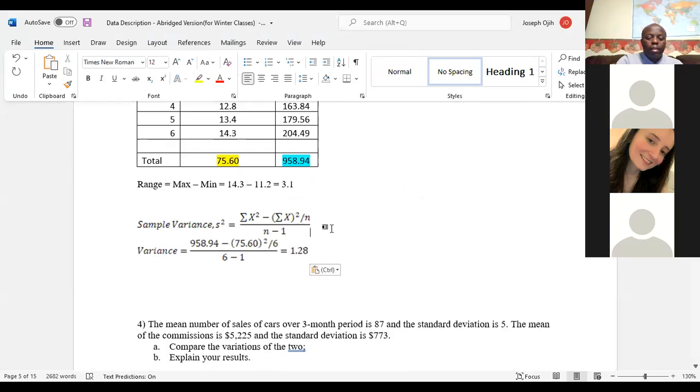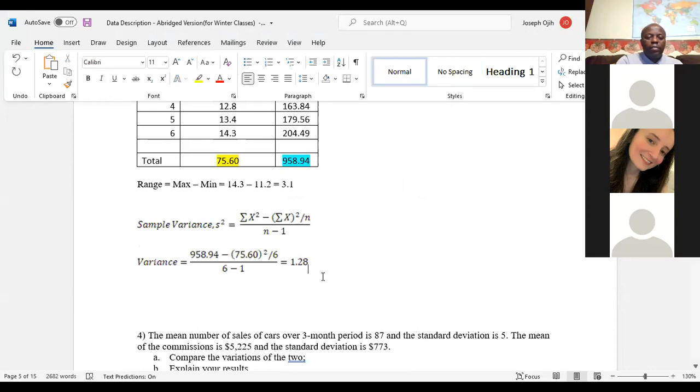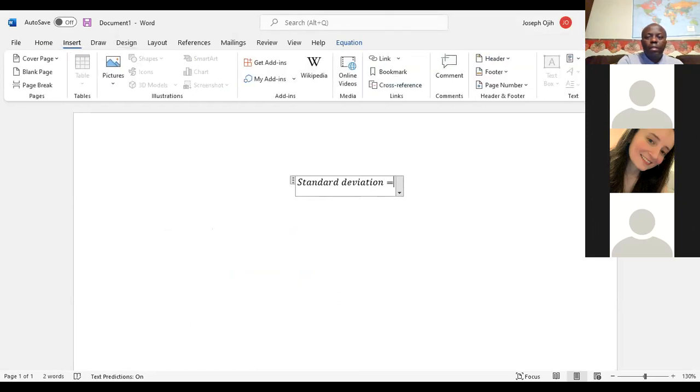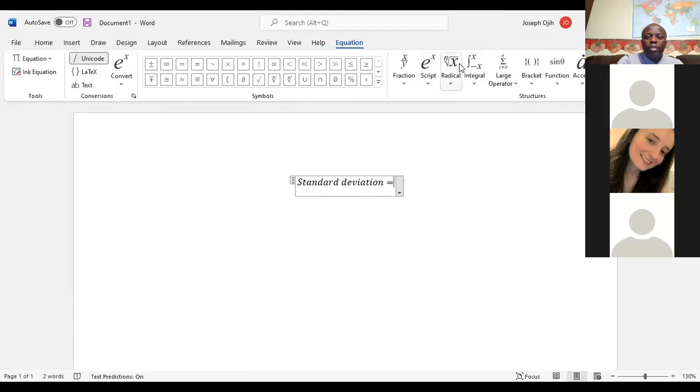Now, standard deviation is the square root of variance. So standard deviation equals the square root of variance, which is right here.